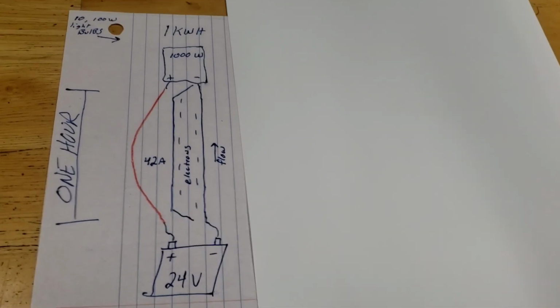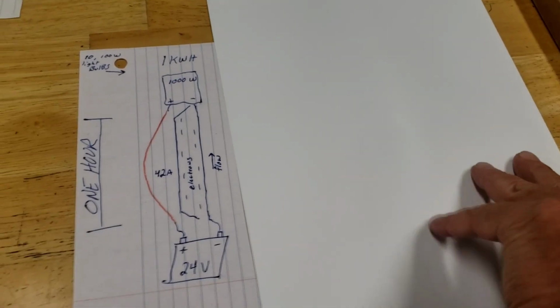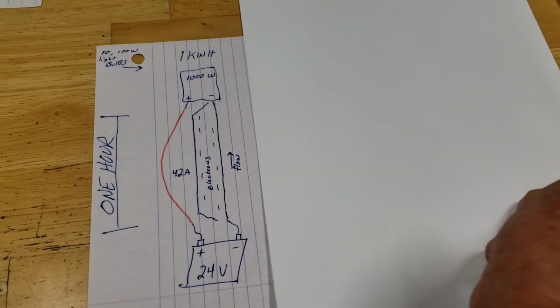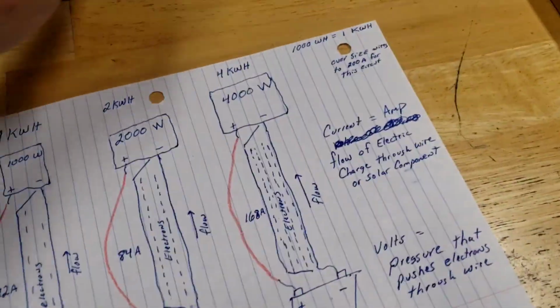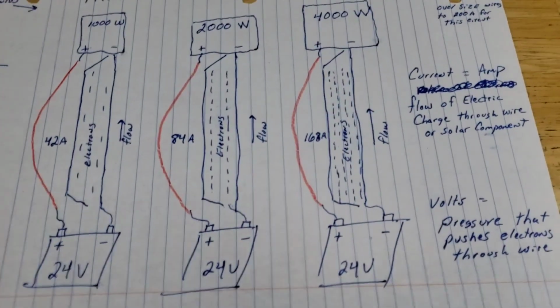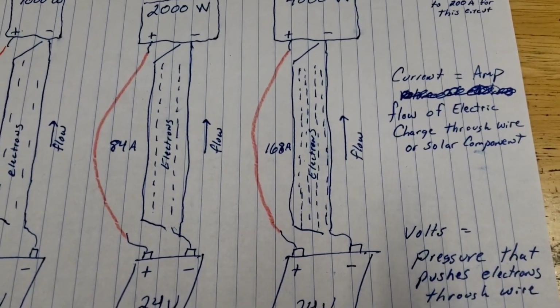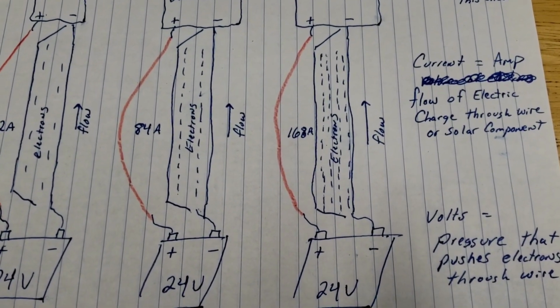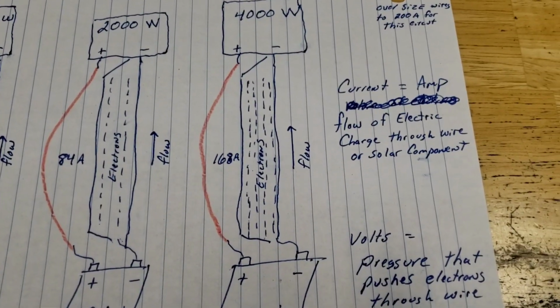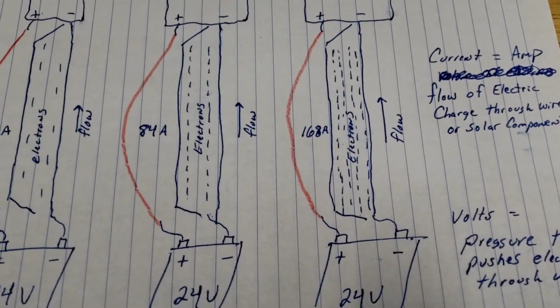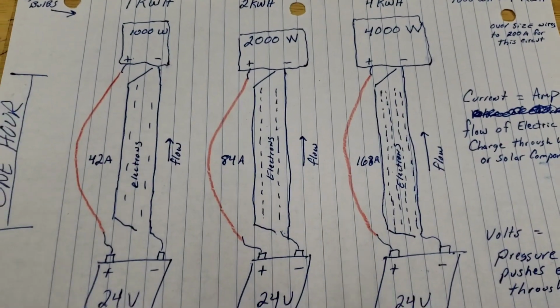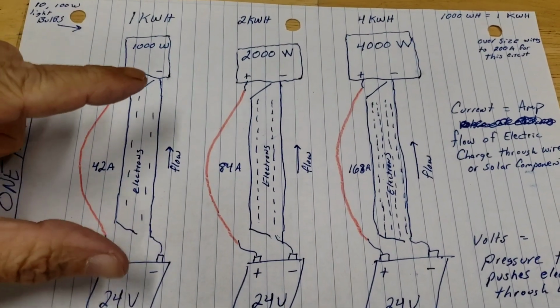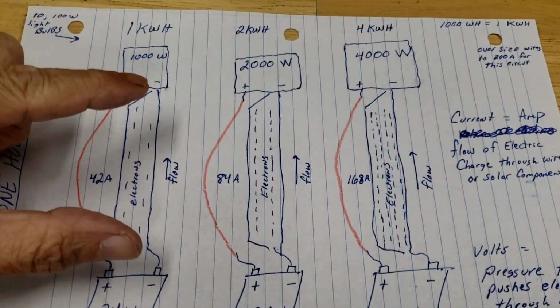Now in electrical, the math always adds up. All right, and our current in electrical, I'm going to move this. Our current is the amps or the flow of electrical charge through the wire or a solar component. Exact same concept as the plumbing. You need X amount of power.